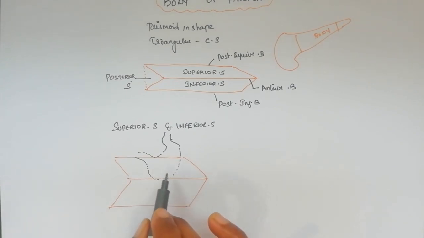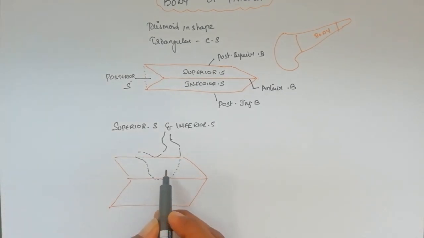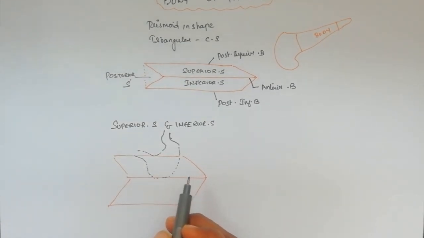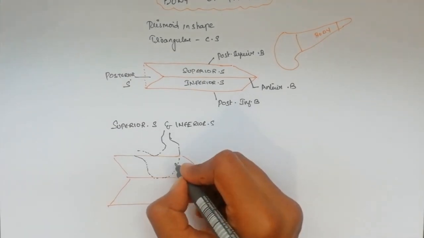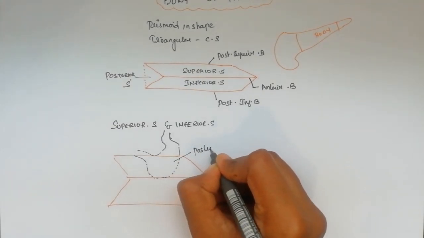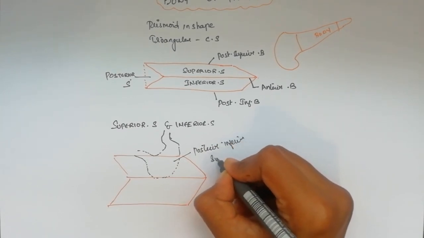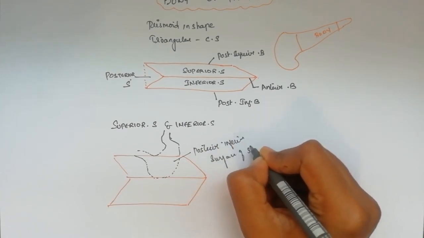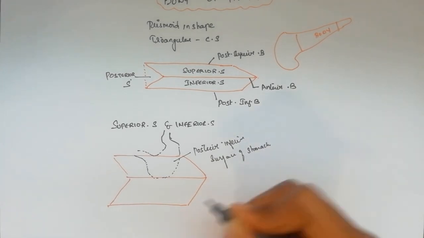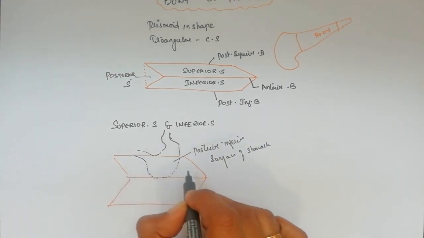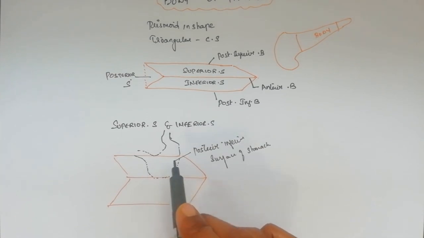Among that, one is the body of pancreas, which is getting related over here. So the body of pancreas superior surface is getting related to the posterior inferior surface of the stomach.